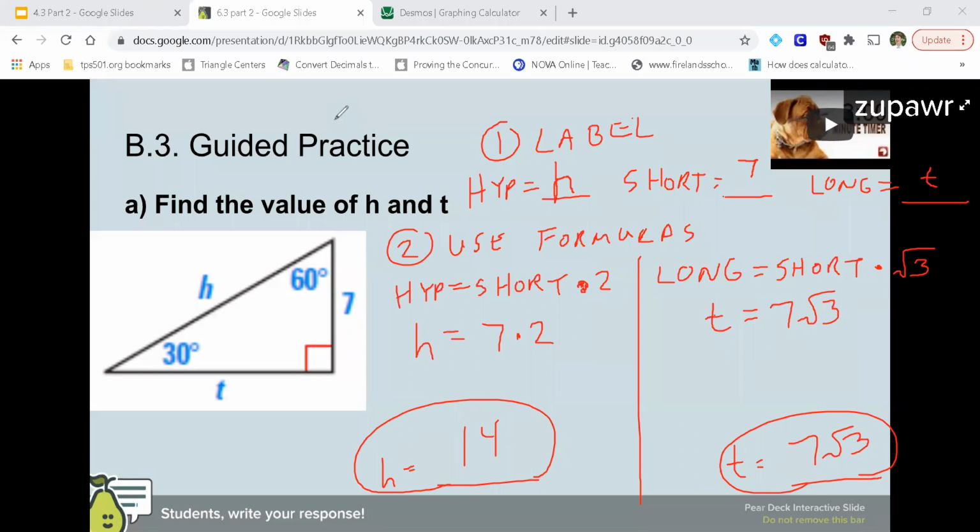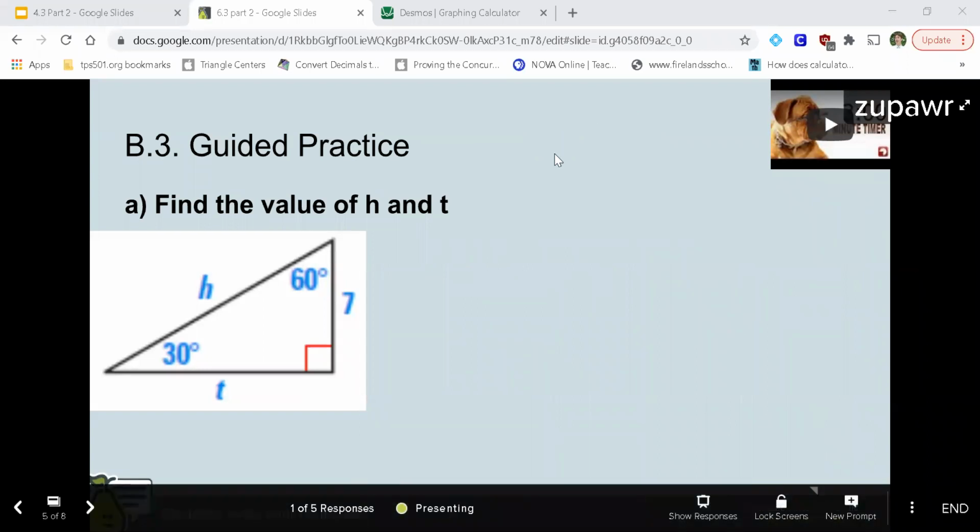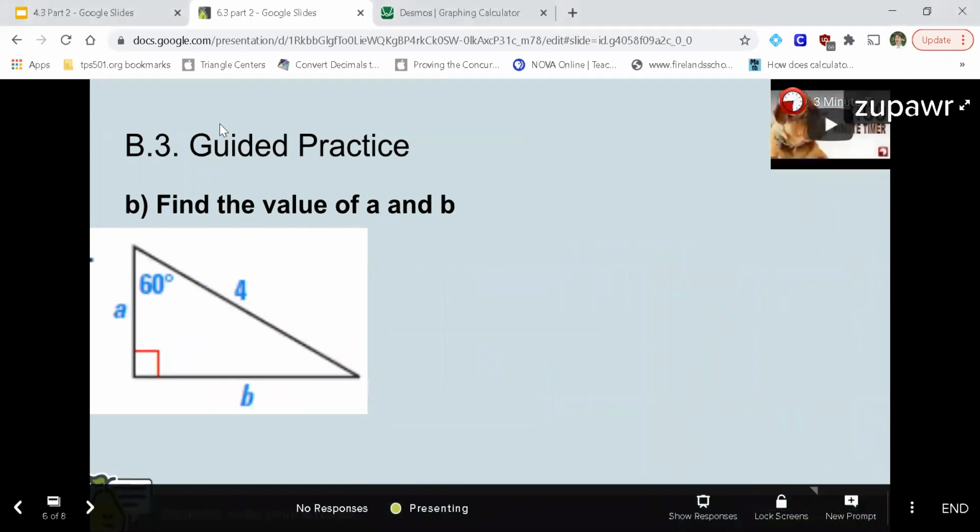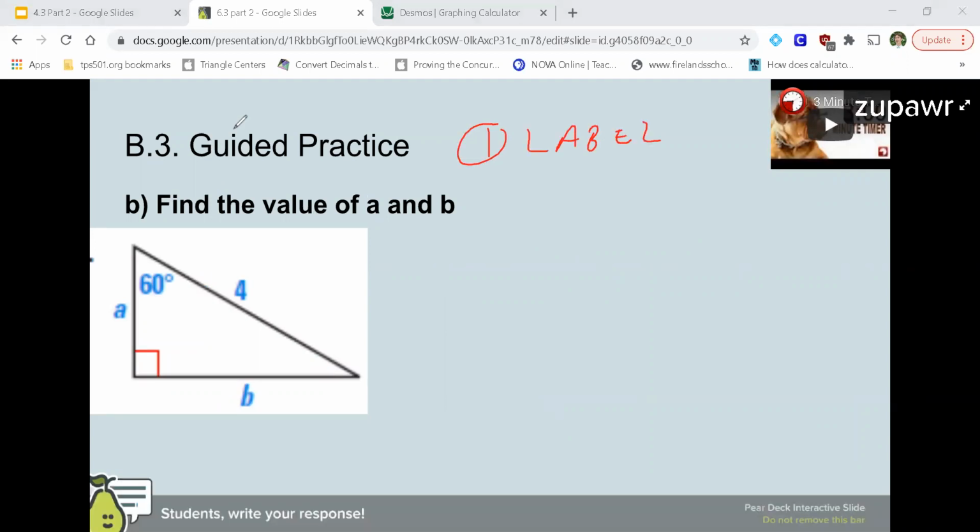All righty. Let's try another. Okay. Same steps. First, label. Tell me what's the hypotenuse. What's the short leg? And what's the long leg?